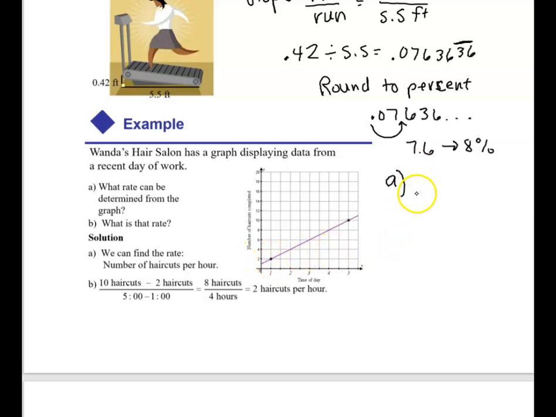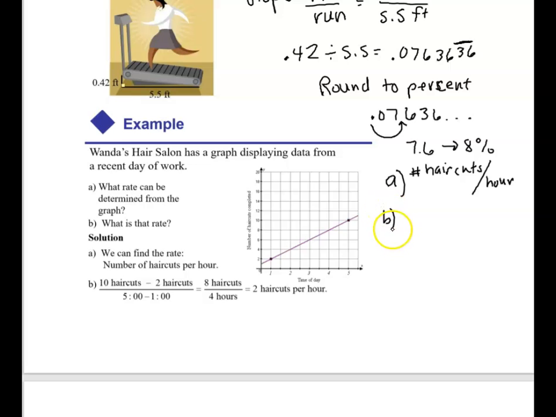So what we would be able to say is, you always do Y over X. So since this is the number of haircuts completed, we would say the number of haircuts per hour.